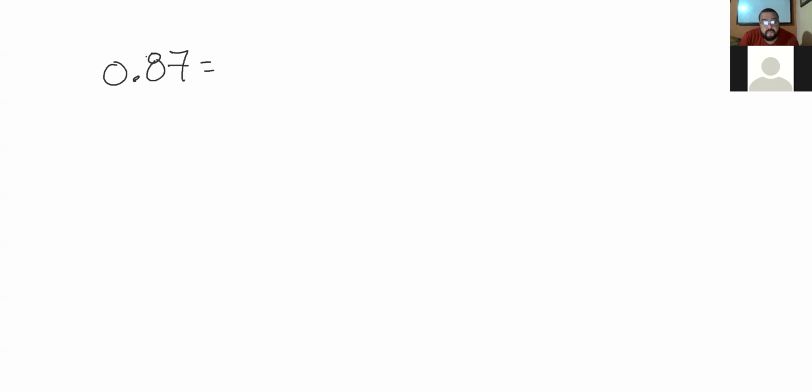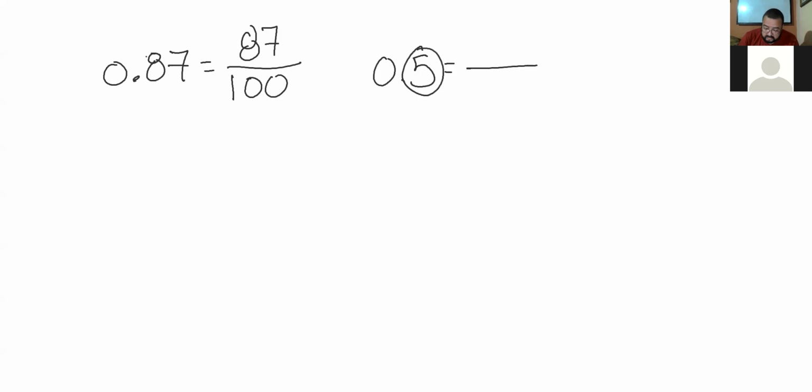How do we convert this to a fraction? So write 87 as a numerator, and it has 2 decimals, so the denominator is going to have a 1 and 2 zeros. The second exercise is 0.5, and we're going to convert it to a fraction. This number only has 1 decimal, so write 1 and 1 zero, that is 10, and write 5 as a numerator. That is all.